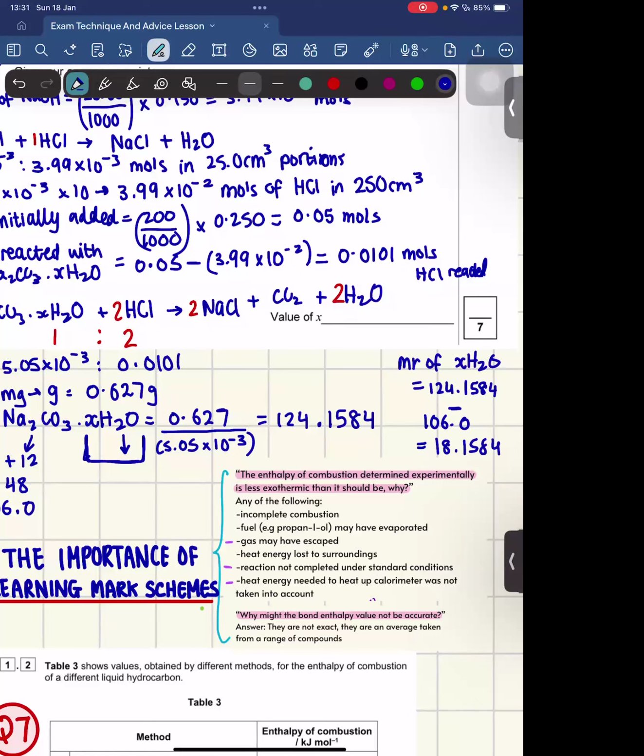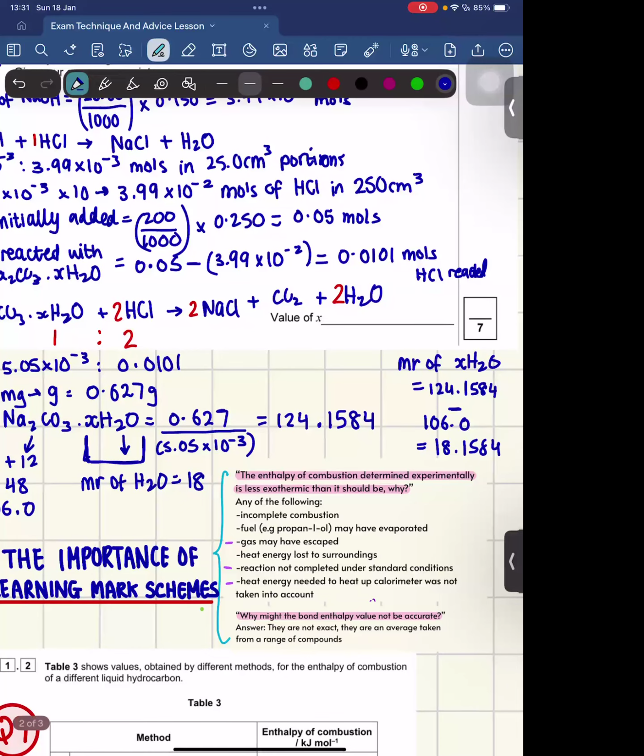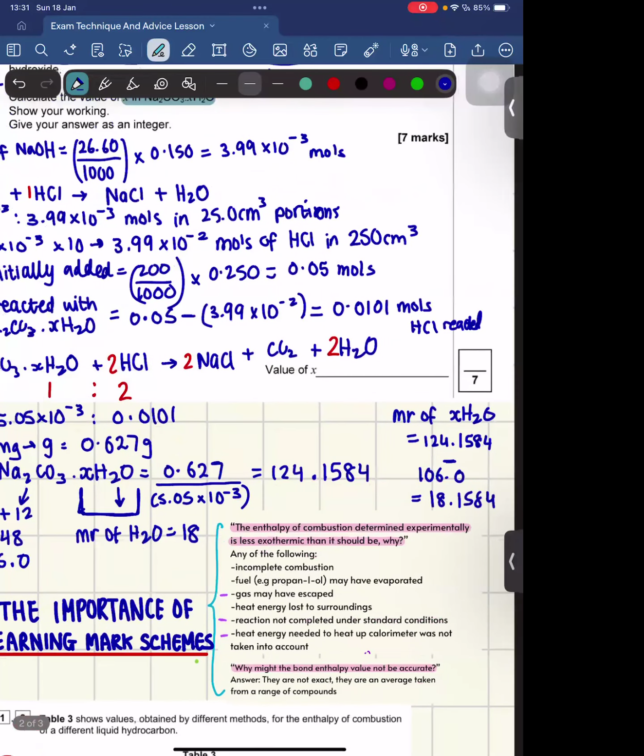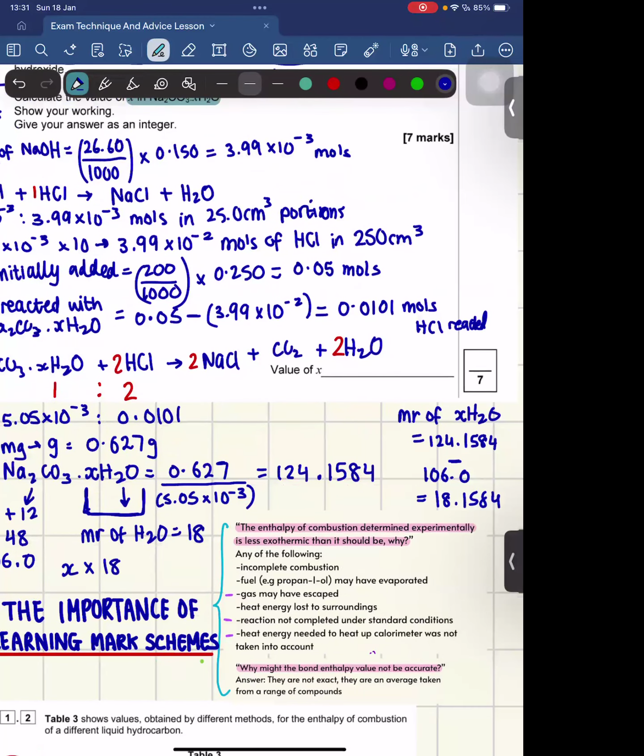So what it's saying is XH2O has to be equal to 18.1584. Now, if I know that the MR of H2O itself is 18, what I'm saying is, what could X be? Well, X times 18 is basically 18. And if X has to be a whole number, what is X? Well, X has to be 1, right? So the value of X has to be 1.